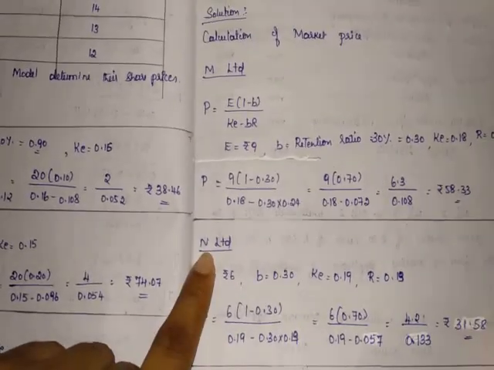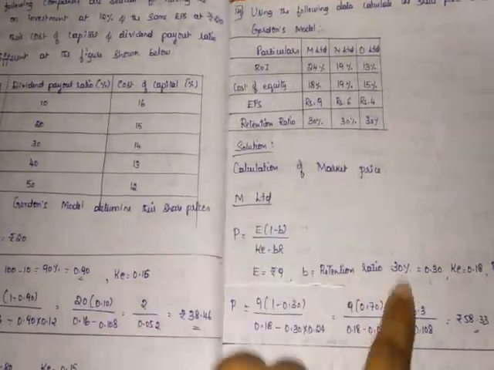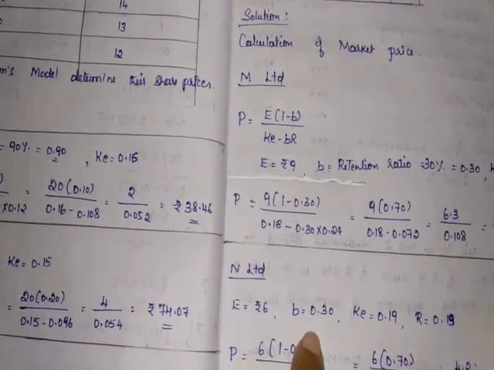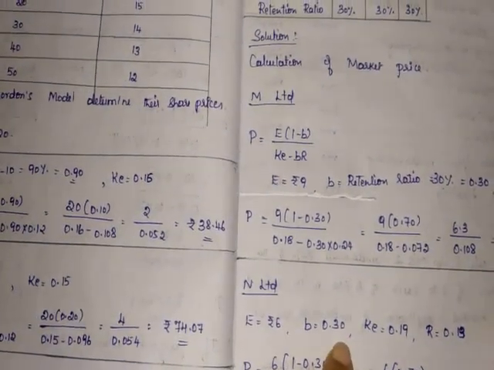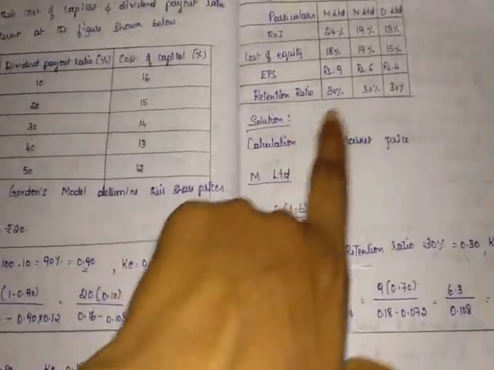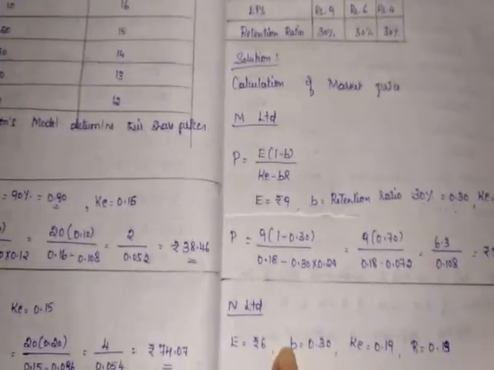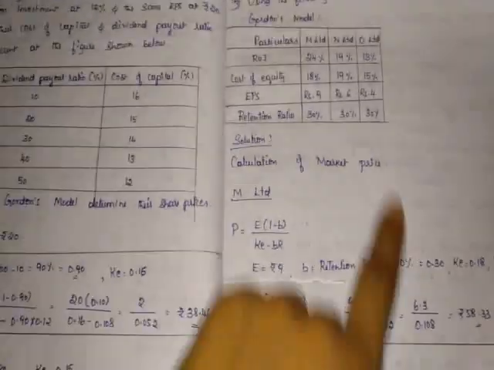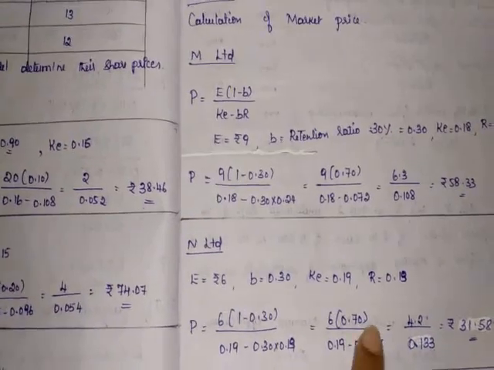And the second company where payout ratio is not given, retention ratio is given, that is also 30. So B is 30, that means 0.30. EPS of the second company is 6, and cost of equity 0.19. Return on investment is 13%.